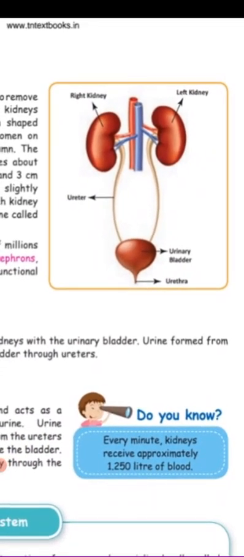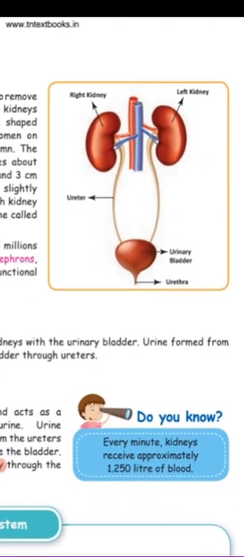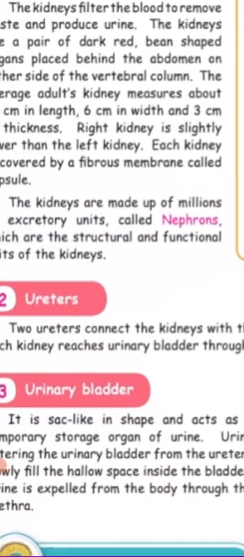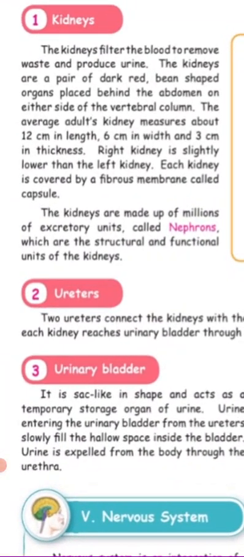In an average adult, the kidney is about 12 centimeter in length, 6 centimeter in width, and 3 centimeter in thickness.